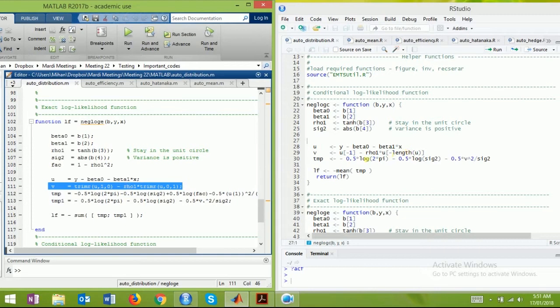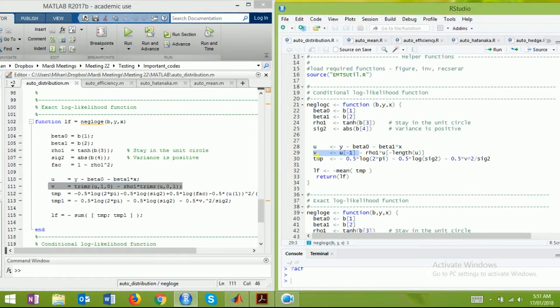We don't need trimmer in R. We can simply do u with index minus 1, which means we remove the first row, and u with index minus length of u, which means we remove the last row.